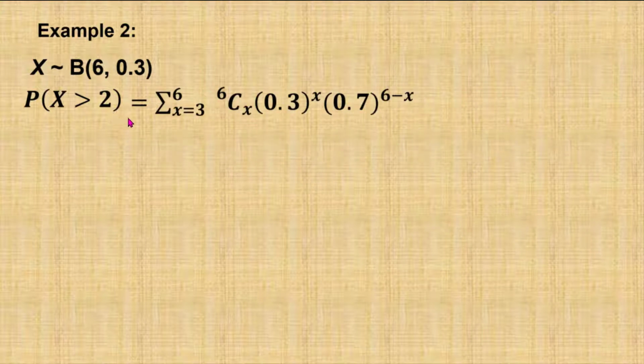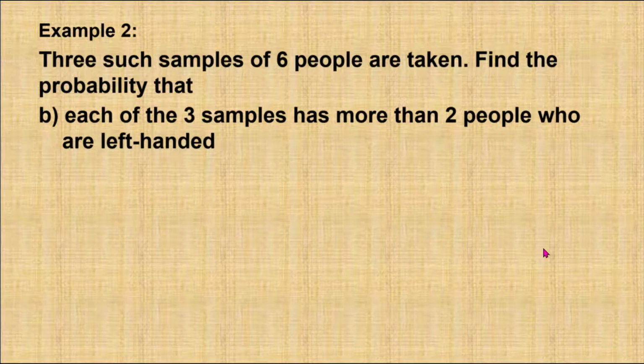If the list is too long, we can also use the summation notation, where the lower limit of X is 3 up to the upper limit of X equal to 6. Using the summation button on the calculator, we get the answer as 0.2557.